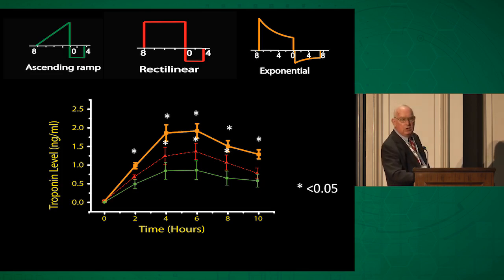Even though it's the same energy and a higher voltage, it caused half of the troponin release, about 1 nanogram per milliliter. And then here's the rectilinear, and it actually caused significantly less than the truncated exponential, but significantly more than the ascending waveform.